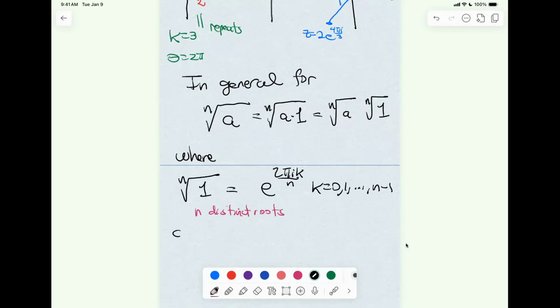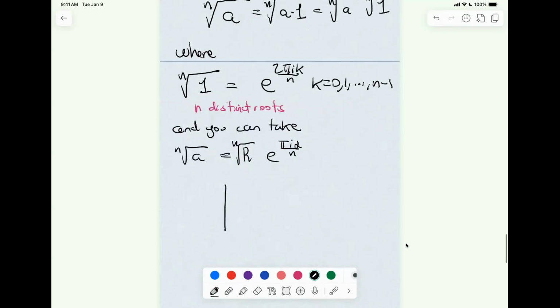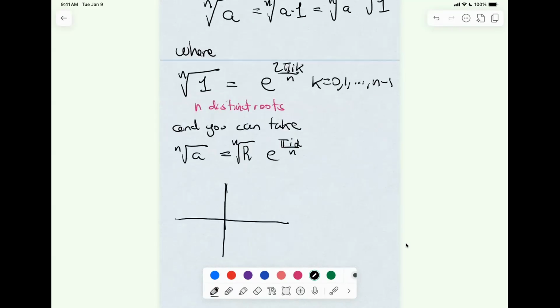And you can take the nth root of a as, okay, let me call this uppercase R. In this picture, just to make it more clear, what I'm saying is that if you have a number a that you're trying to find its roots of, you just have to find one, and let's say this number a has a distance big R to the origin.